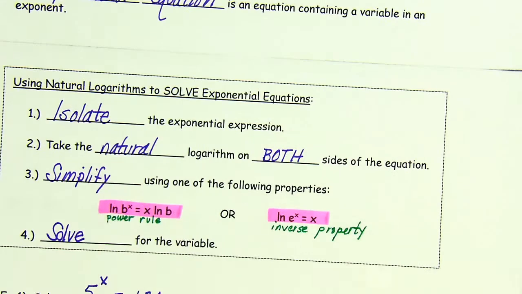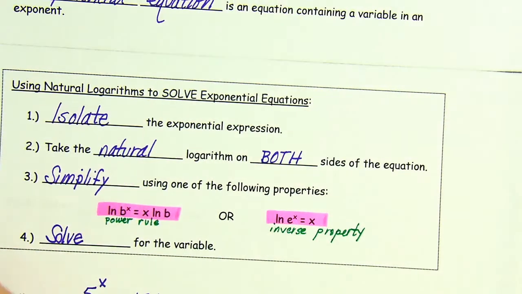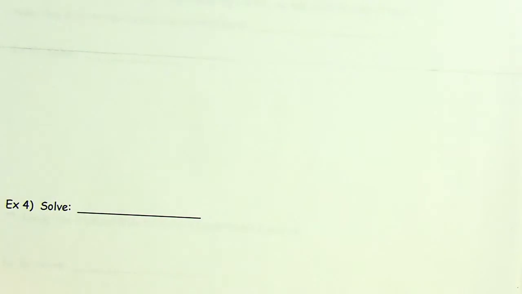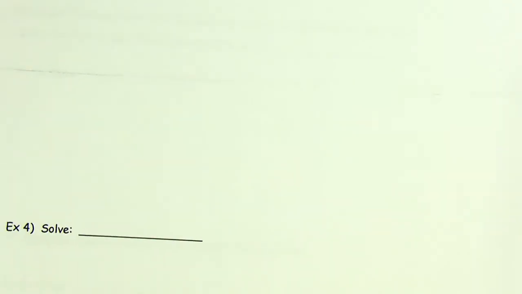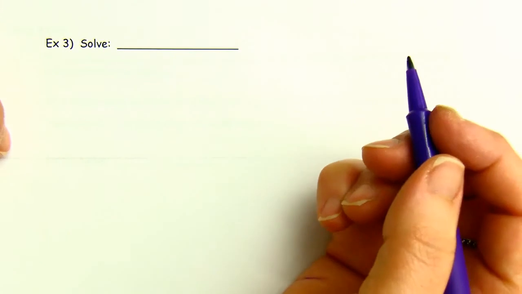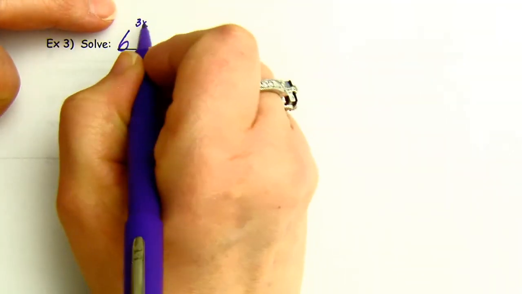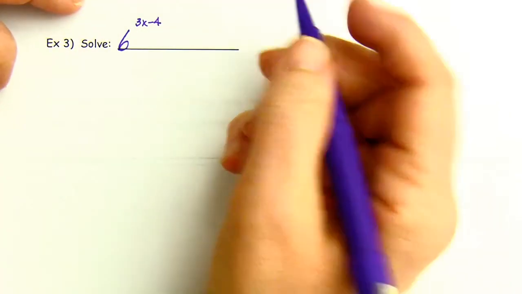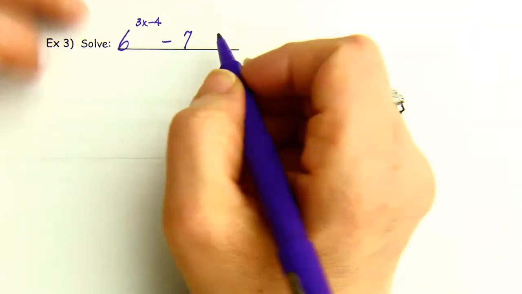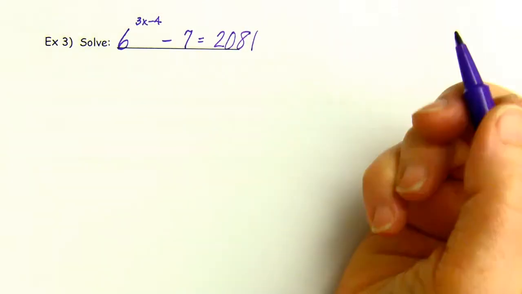All right, let's see what is on page 2 of these notes. Oh, there are 2 examples on this page. Solve. Let's give the problem. Remember, the problems are the checkpoint examples. This is 6 raised to the power 3x minus 4, minus 7, equals 2081.